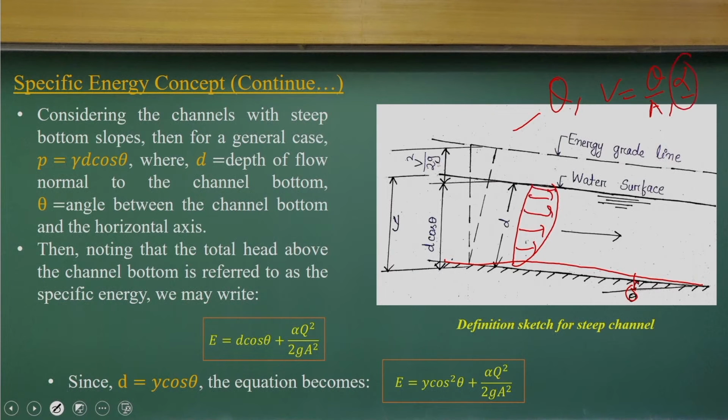For that we can compute the kinetic energy correction factor, so that is the reason we have introduced the alpha value here. Considering the velocity distribution, we can find the kinetic energy correction factor, and the kinetic energy per unit weight is what we will get. But with a slope here, the flow depth and the vertical distance can be resolved in terms of d cos theta, and in terms of y we get y cos squared theta in this part.